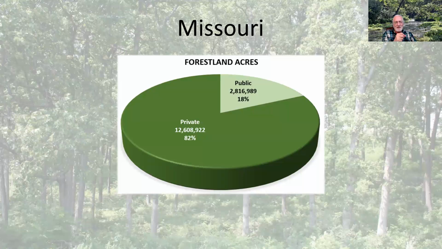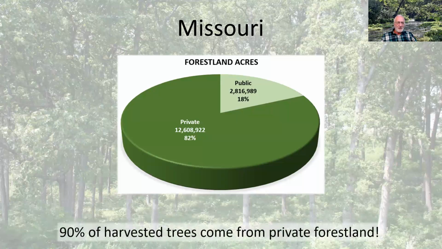Privately, 82% is privately owned. And 90% of the harvested trees come from private forest lands. So family forest landowners are a big player and a key part in this.